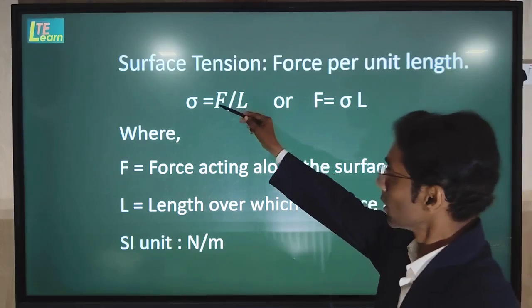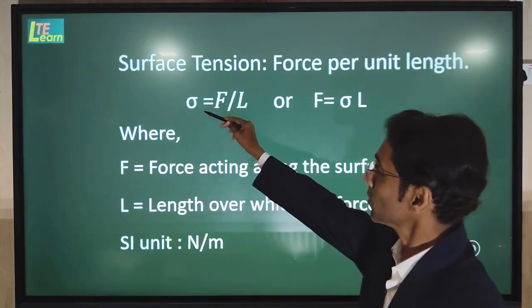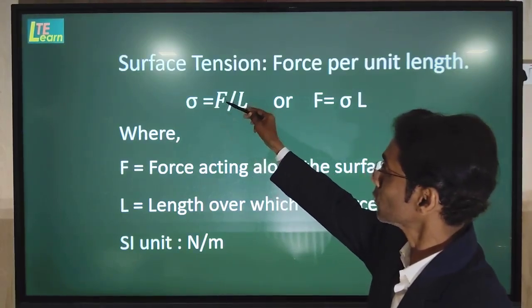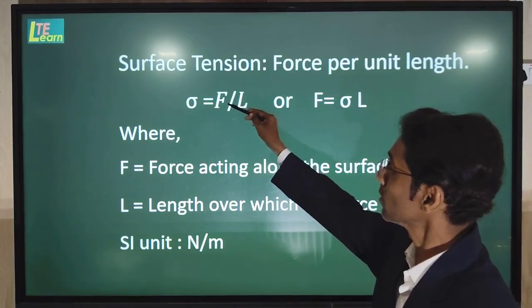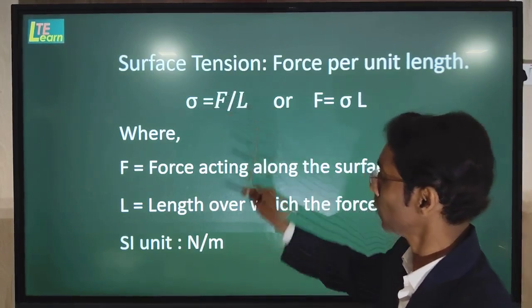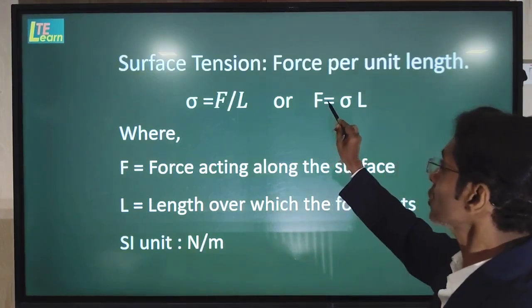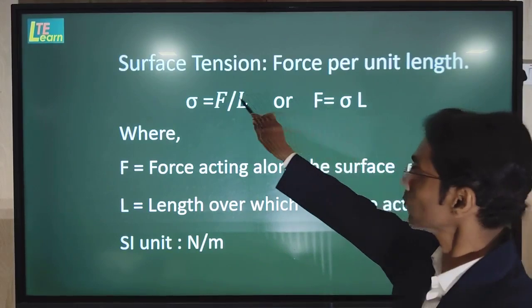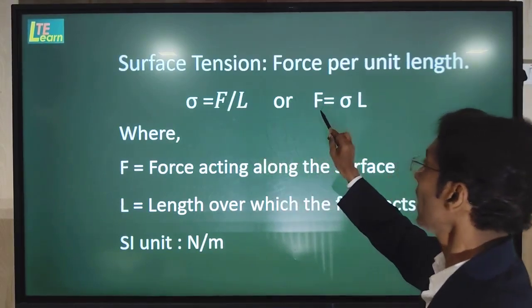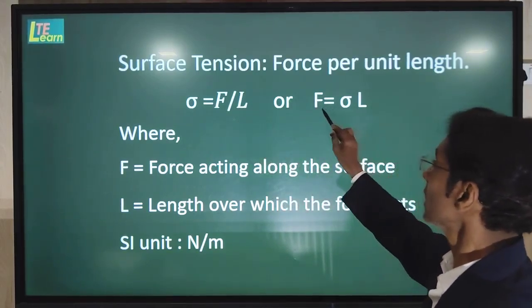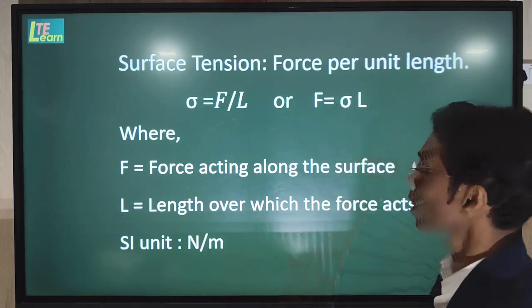Thus, what will be the unit of surface tension? The unit of force is Newton, the unit of length is meter. Thus, the unit of surface tension will be Newton per meter. For calculating the surface tension force, this formula can be rearranged and used: F is equal to sigma times L.